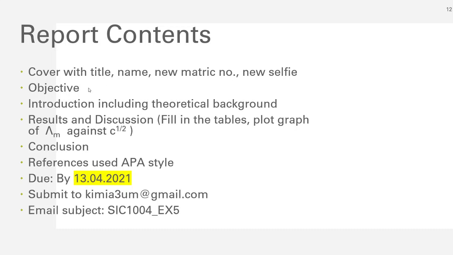The objective, which is already stated, the introduction, which includes the theoretical background, results and discussion, fill in the table, plot the graph of that, and in the tables calculate also the Ka. All right, and conclusion, and then remember to reference using APA style.